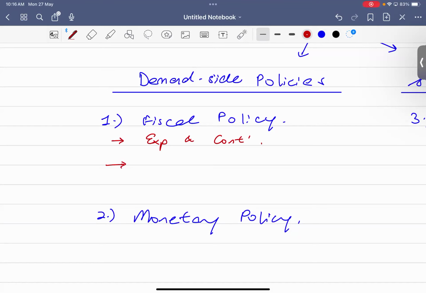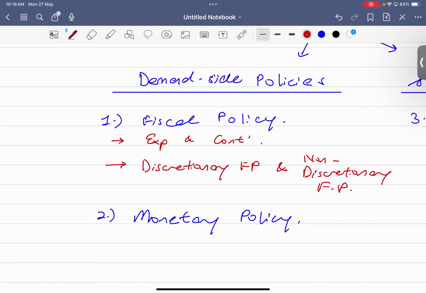Now, there's one more term that we didn't talk about in the previous lesson: discretionary and non-discretionary fiscal policy. Discretionary fiscal policy includes government intervention. Discretionary means you do it purposely, so the government is making changes to the policy itself.